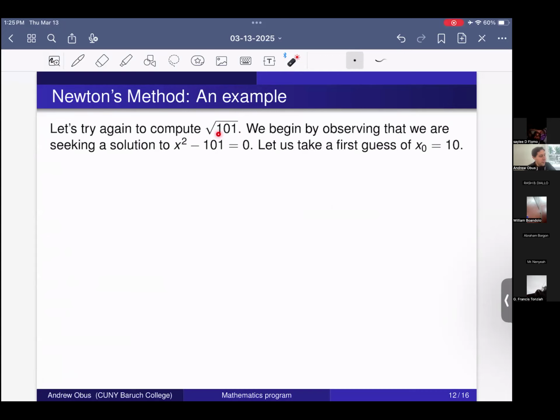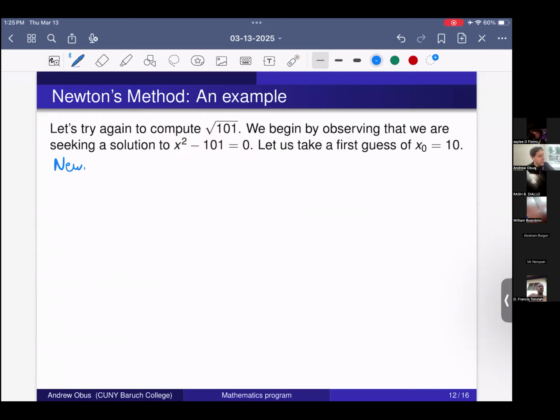One way of thinking about the square root of 101 is that it's a solution to x squared minus 101 equals 0. So we have x squared minus 101 equals 0. Let's take our first guess, x0 equals 10. That should be pretty close to a solution because 10 squared is pretty close to 101.